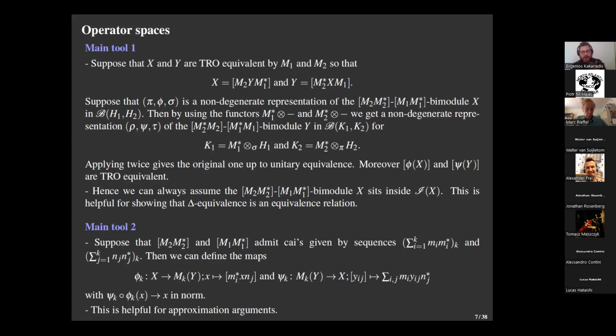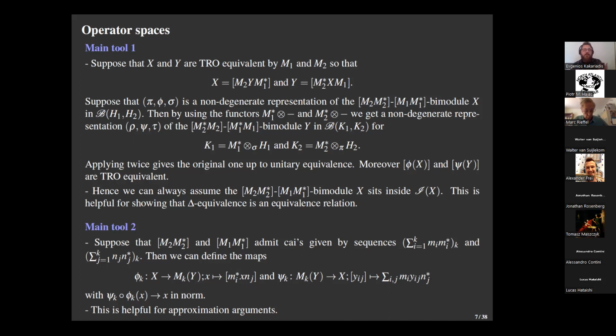And the other trick is that if you are in a situation where your C-star algebras coming from the TROs admit good approximate identities, in the sense that you have sequences that produce these approximate identities by taking more and more partial sums, rather than having a net of finite combinations, then what you can do is pass from X to matrices over Y by augmenting them using the elements from M2 that you require, and then you can pass from M_k(Y) down to X by multiplying with rows and columns.